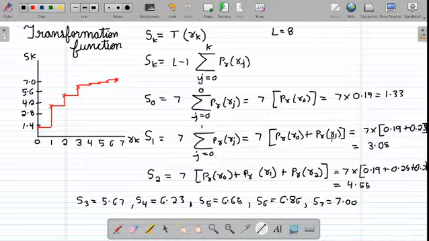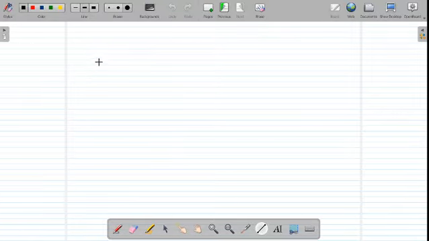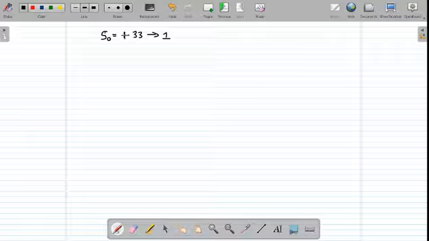If the digit after the decimal place is less than 5, we keep the number as it is. If it is 5 or greater, round to the next number. S0 is 1.33, which can be rounded off to 1.